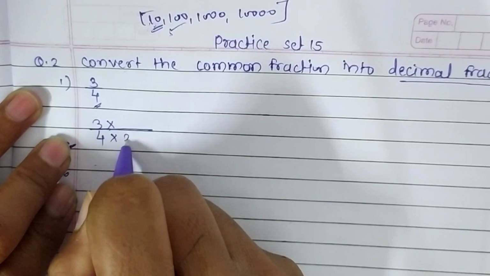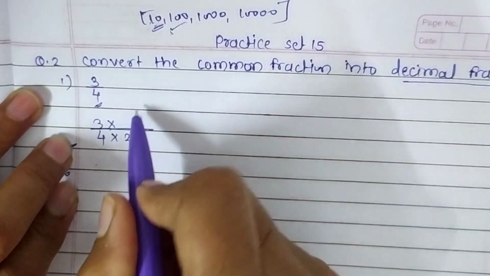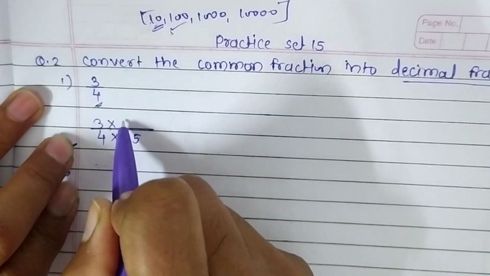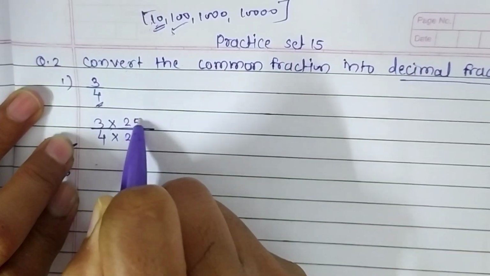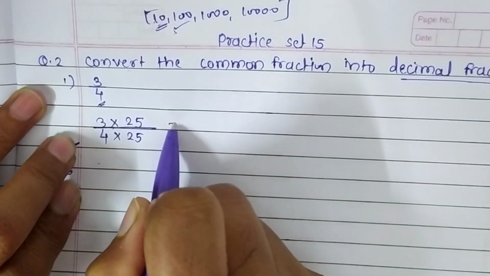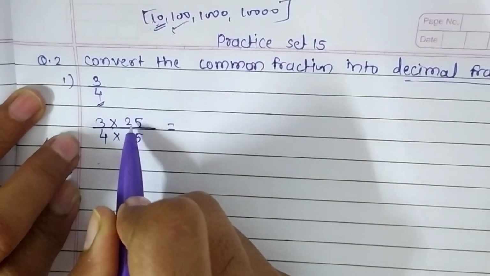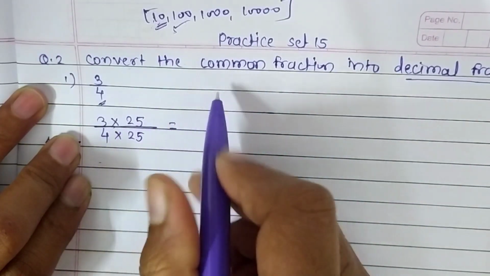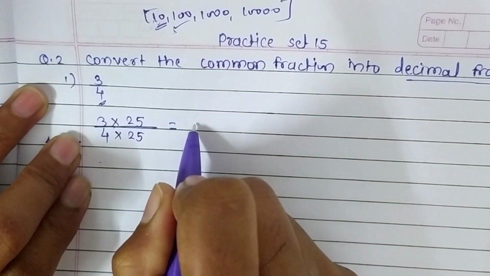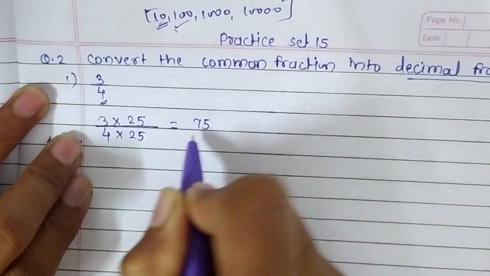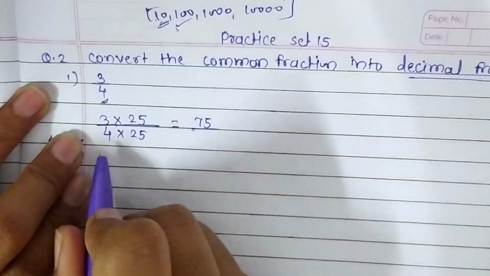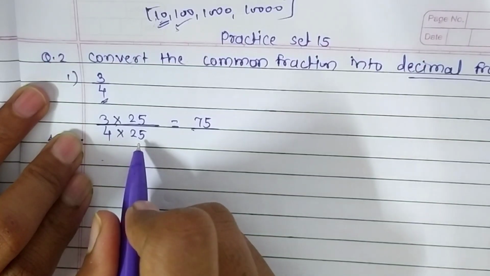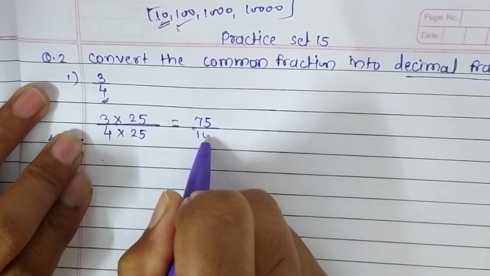It is 25. So the numerator also must be multiplied by 25. Just do the multiplications. 3 multiplied by 25, the product is 75, and 4 multiplied by 25, the product is 100.